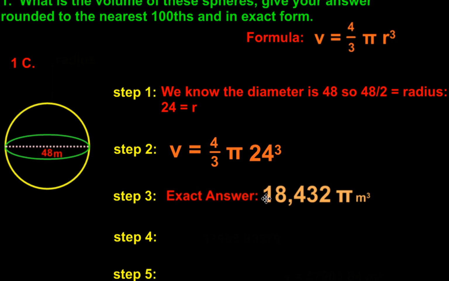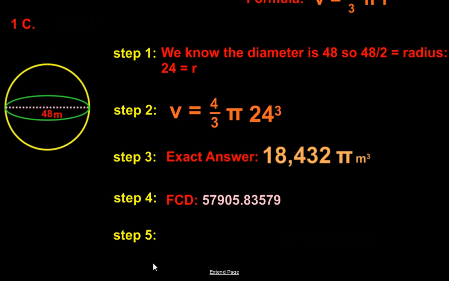We can then take this number that we still have in the calculator, times it by pi, and that's going to give us a full calculator display of 57905.83579. And remember, we're rounding to the nearest hundredths, so that's going to give us our rounded answer of the volume being approximately 57905.84 cubic meters.